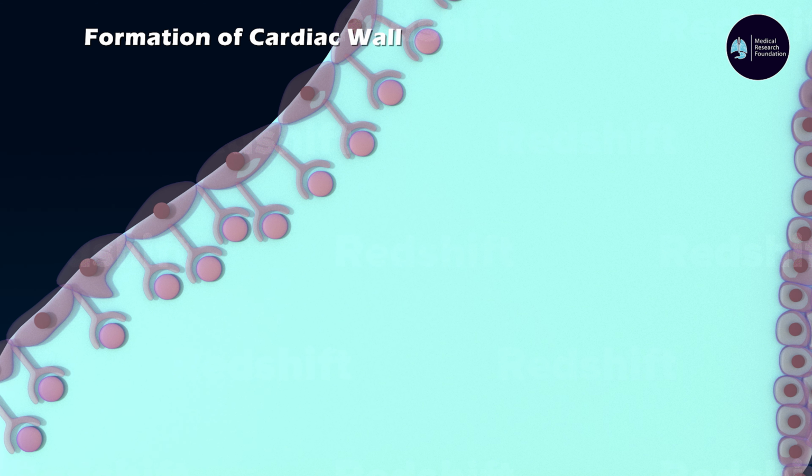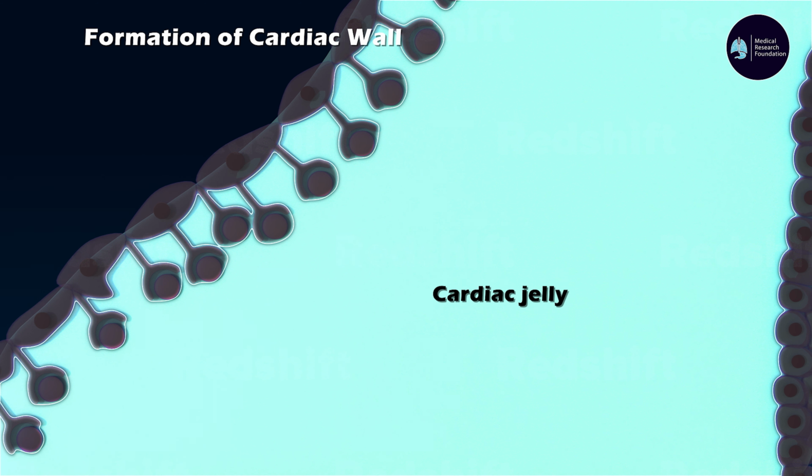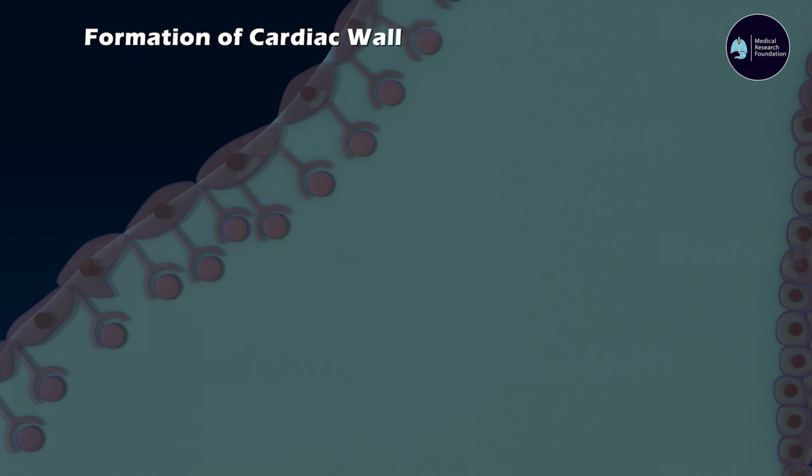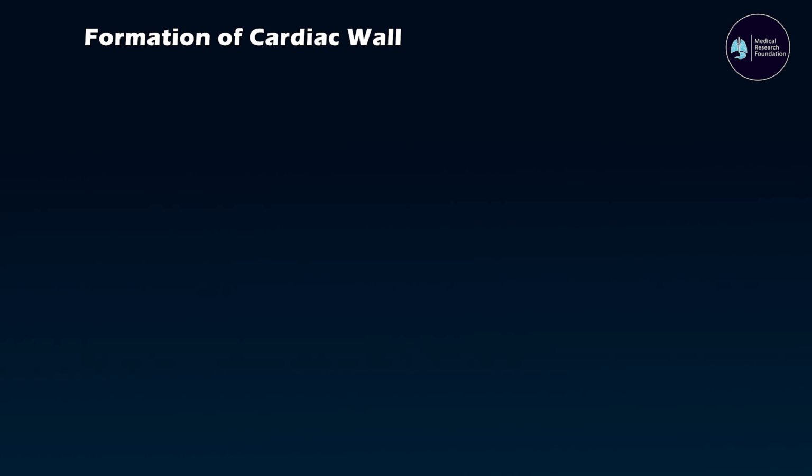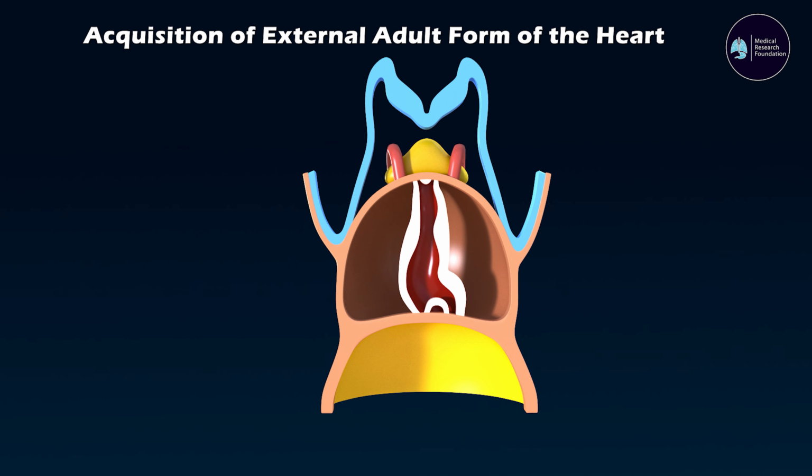At this stage, the heart tube is separated from the myoepicardial mantle, the primordial myocardium, by a gelatinous connective tissue called cardiac jelly, which is an acellular matrix secreted by developing myocardium. Subsequently, it is replaced by the myocardium. The endothelial heart tube forms the endocardium of the heart.